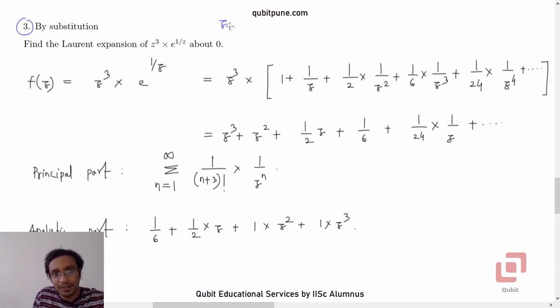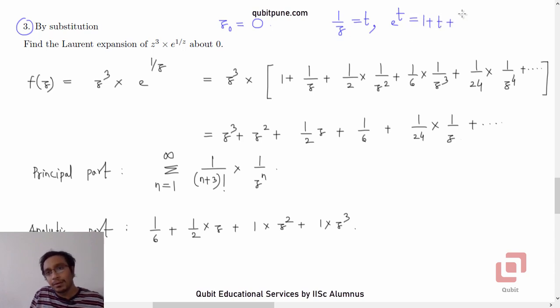So again, the center of the Laurent series is 0. So what we can now do is we can let 1 upon z be t and bring in the Maclaurin series of e to the power t, 1 plus t plus t squared by 2 factorial and so on.